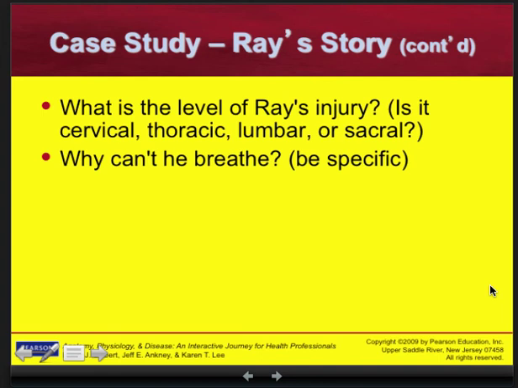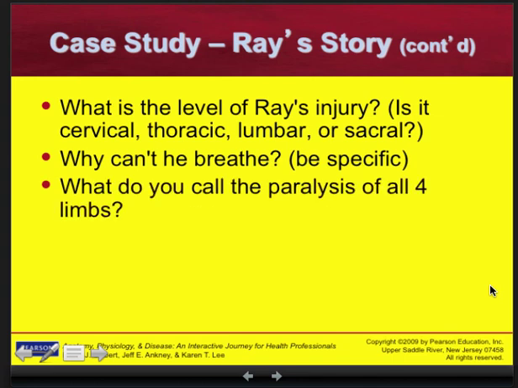Remember C3, 4, 5, keep the diaphragm alive. In Ray's case, what we have is a disconnect between those plexi and the diaphragm. So he's unable to voluntarily innervate his muscles, so he has to be in a breathing assisted situation.